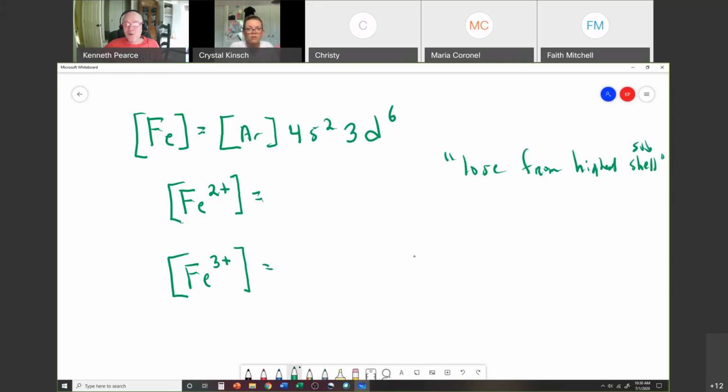What's the highest subshell up there? Is it the 4s or is it the 3d? It's the 4s that is the highest subshell, because what makes something higher or lower is that number. It's that primary quantum number. The 4 is higher than the 3.